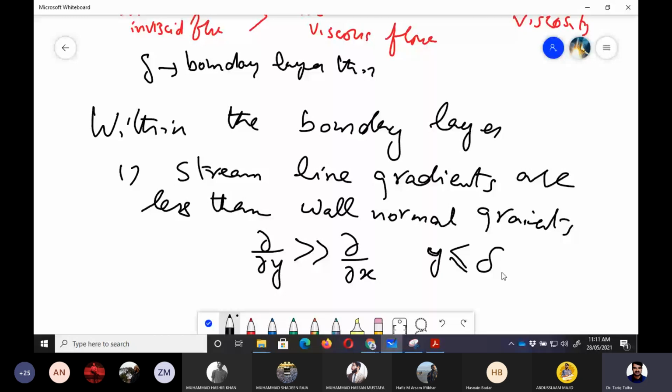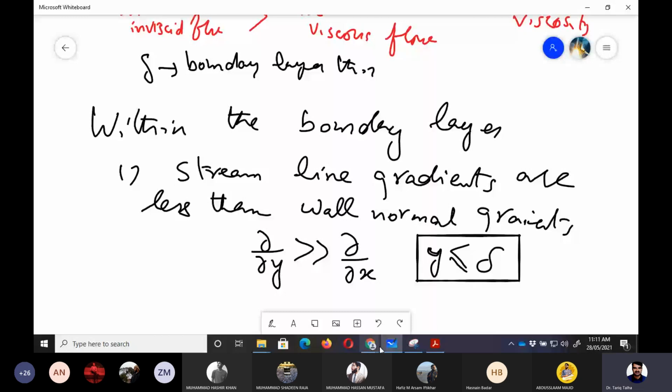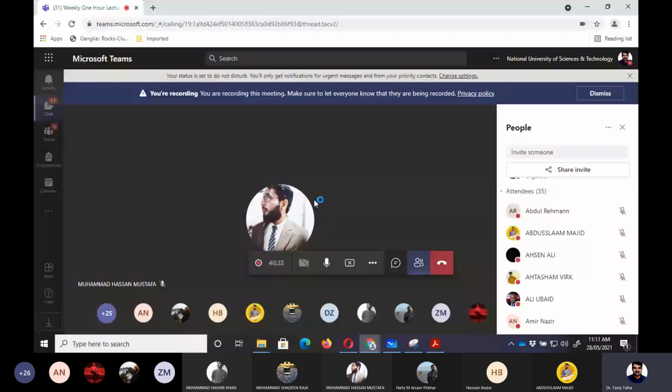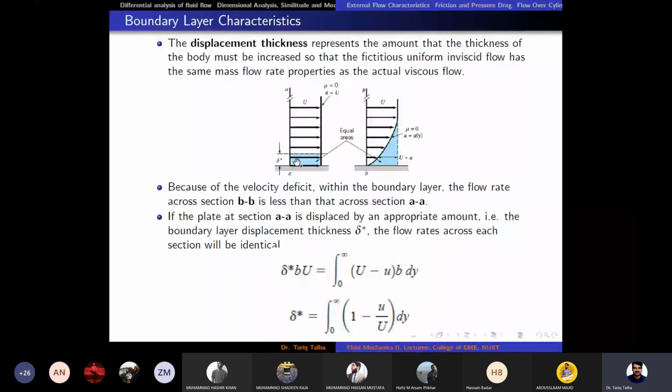The second thing we can see from this figure is that the v velocity would be less compared to the u velocity, because the predominant direction of the flow is in the x direction.